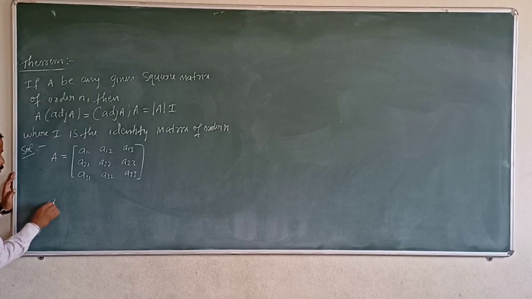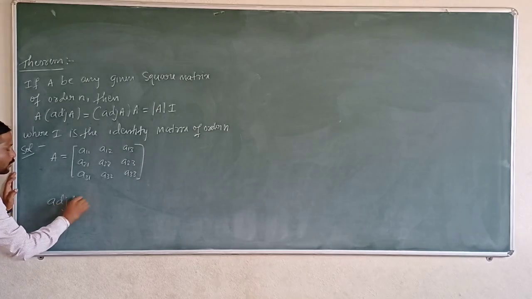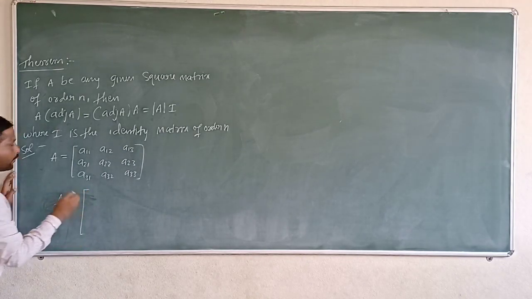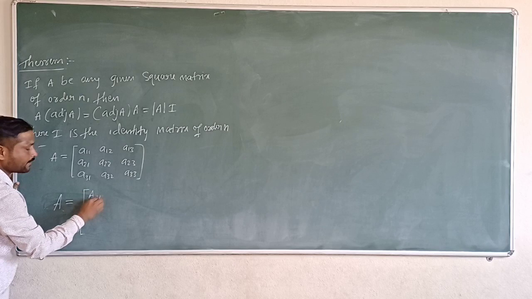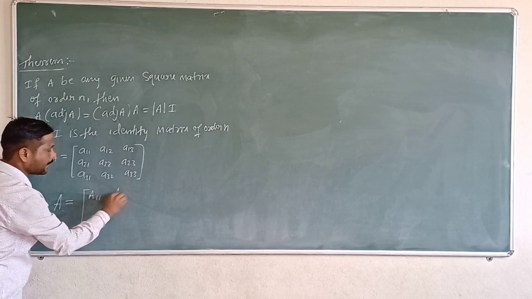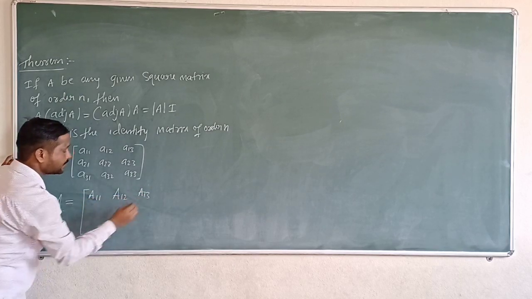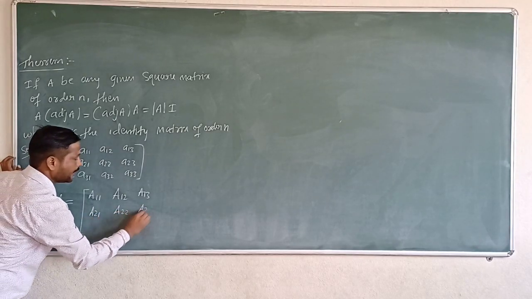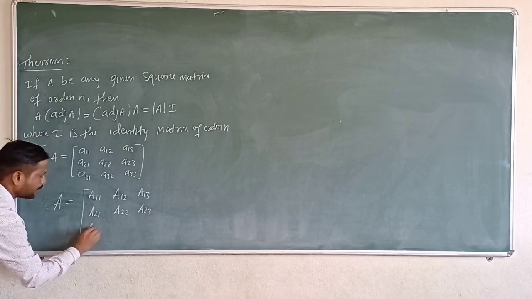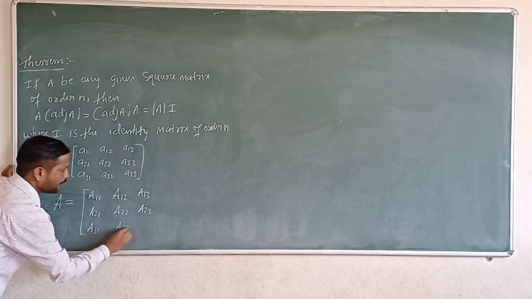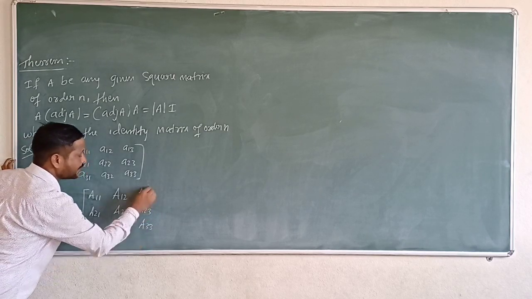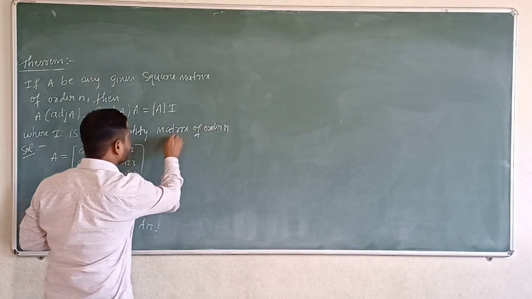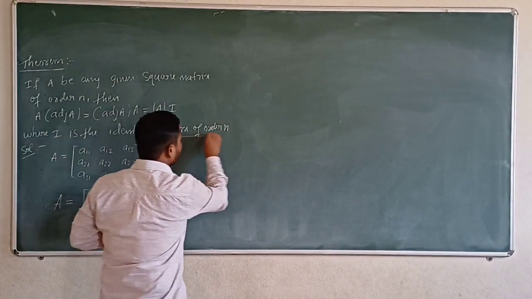First take the cofactors: the cofactors are capital A11, A12, A13, A21, A22, A23, A31, A32, A33. This is the cofactor matrix.